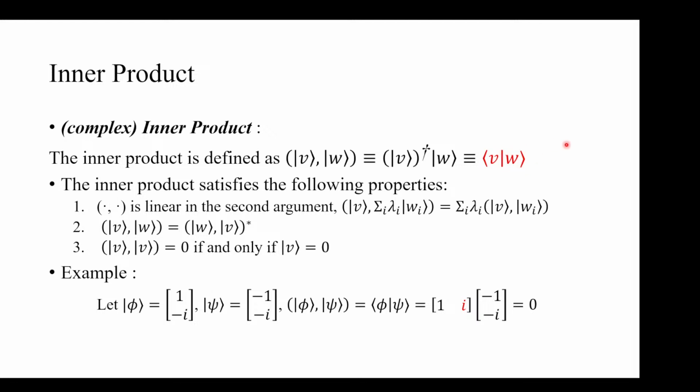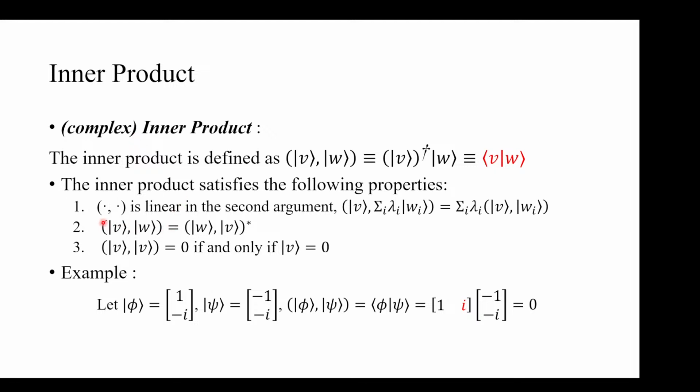Okay, so that's the inner product between the two column vectors V and W, and this will have several properties. The inner product will be linear in the second argument, meaning that if you have a linear combination of your second argument, then the resulting inner product is the linear combination of the inner products with the separate Wi. And the inner product is not quite symmetric in its two arguments, because it's complex.